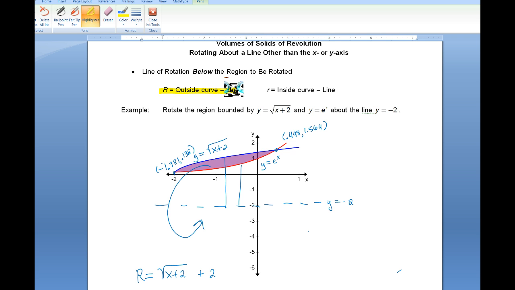I wanted to explain it that way because sometimes the line that you're rotating might be y equals 1 or y equals 2. Then it would be -1 or -2. It will work every time. So that's why I wrote this. When the line of rotation is below the region to be rotated, big R is the outside curve minus the line, and little r is also the inside curve minus the line.